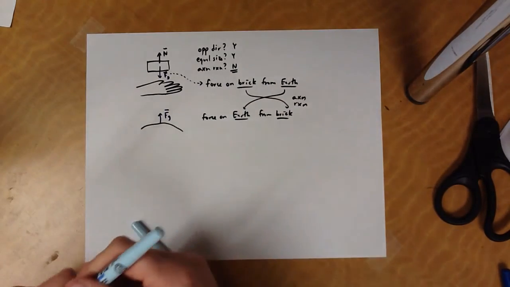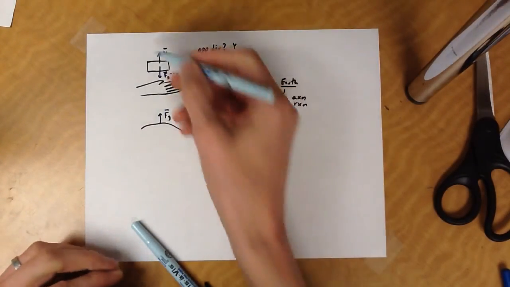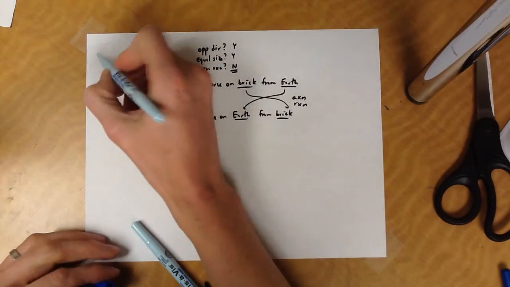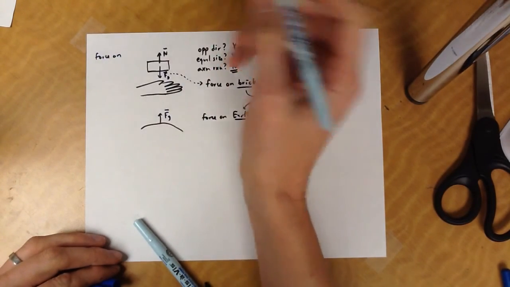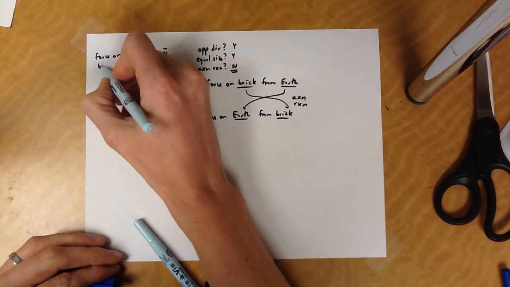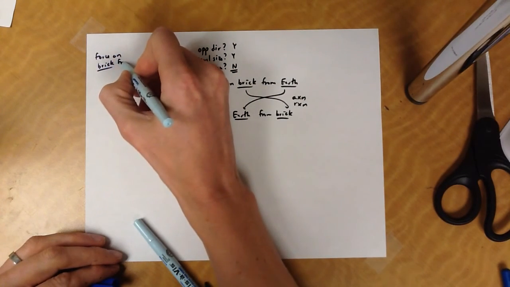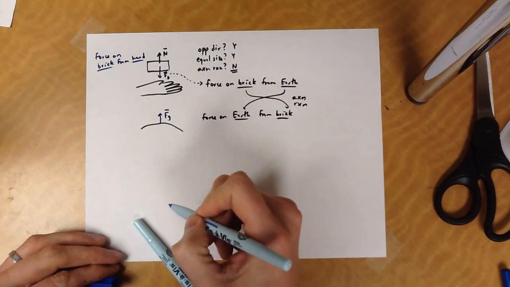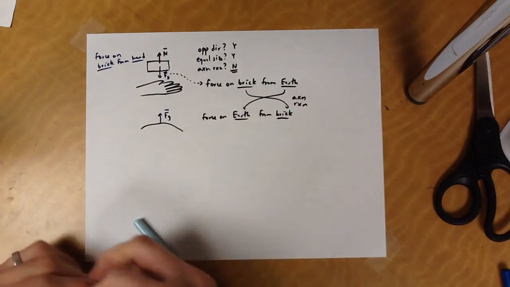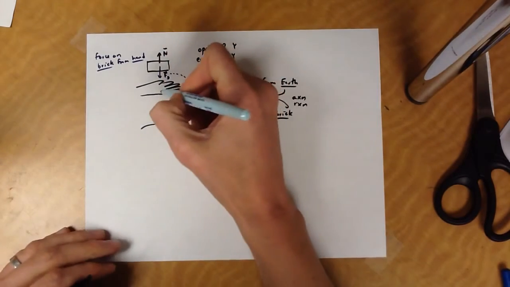Let's find the pair for the normal force. Where is its partner? So that is the force on the brick from, well, now it of course comes from the hand. So what does that mean? That means that there is an equal and opposite force on the hand.